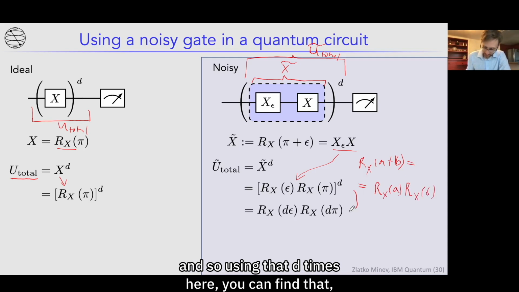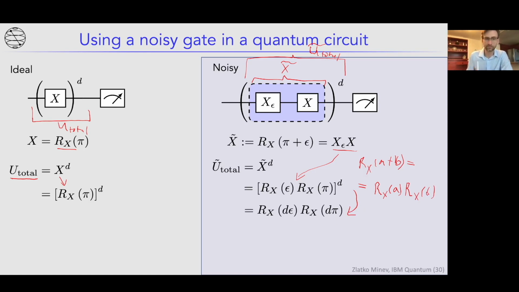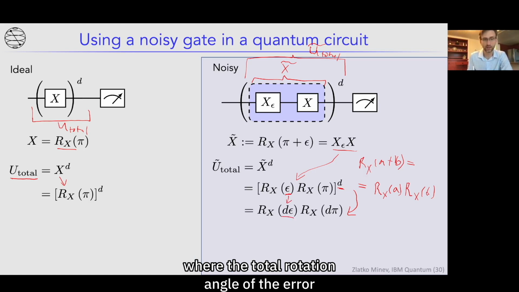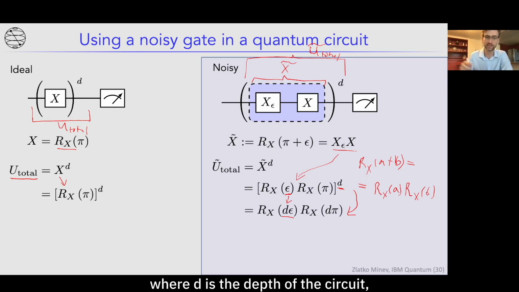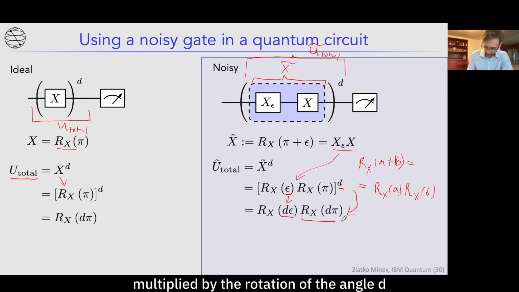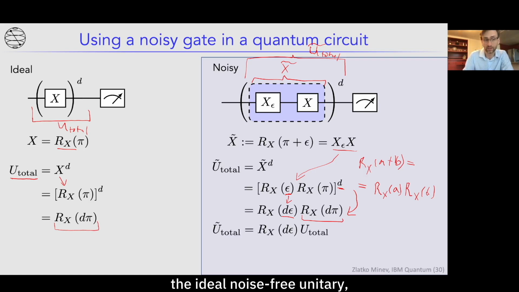And so using that d times here, and since all of these rotations commute, you can group terms and say that simply the error is going to accumulate in this way, where the total rotation angle of the error is going to be d times epsilon, where d is the depth of the circuit, multiplied by the rotation of the angle d times pi on the right hand side, which is exactly the ideal noise-free unitary.